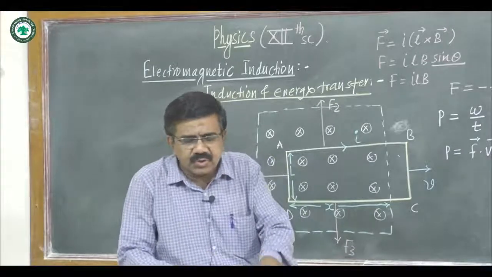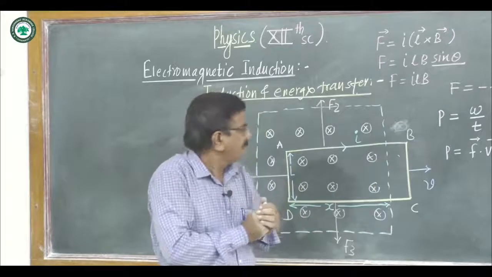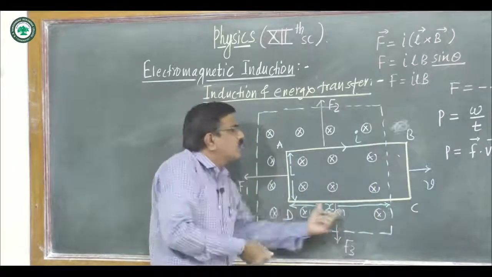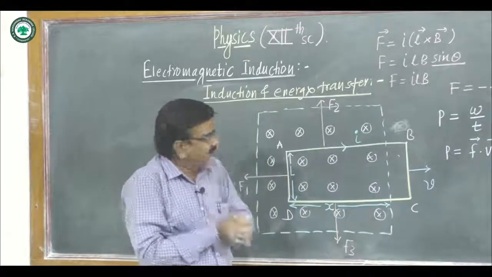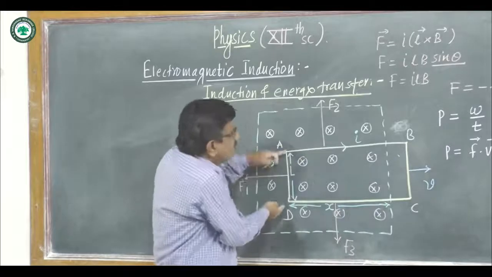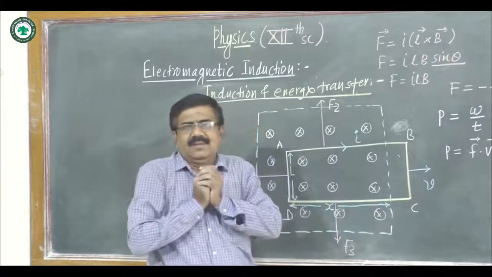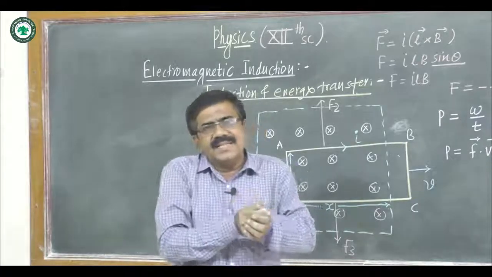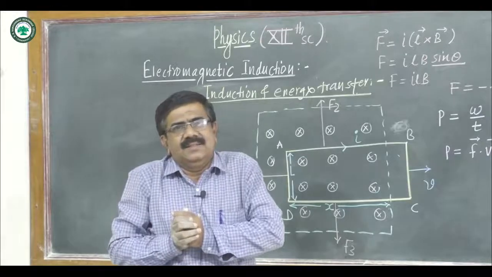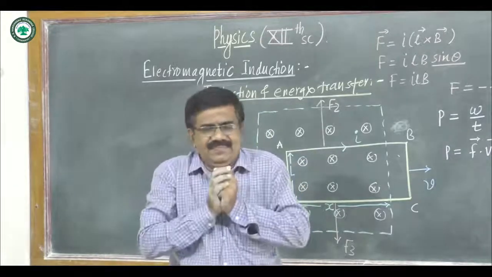Now the loop moves towards the right. Its area inside the magnetic field goes on decreasing because the loop moves towards the right. This L remains the same, but this X goes on decreasing. As the loop moves towards the right, the area of the loop in the field decreases. As we know, flux is equal to B into area.